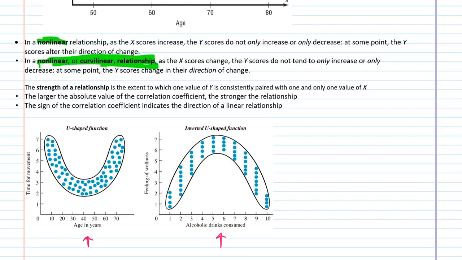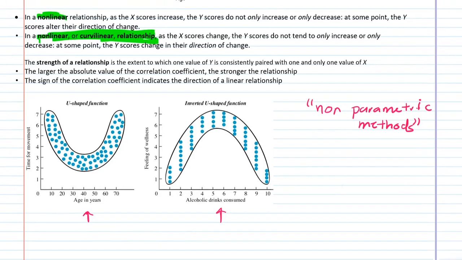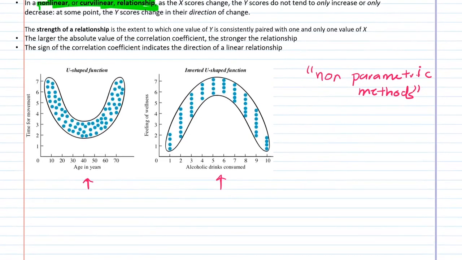It means that we have to learn other methods, and they are called nonparametric methods. And that's a different class, not this one. We mostly focus on data that is linear. Or if it's not linear, we just say, well, this data, it's not good for correlation.